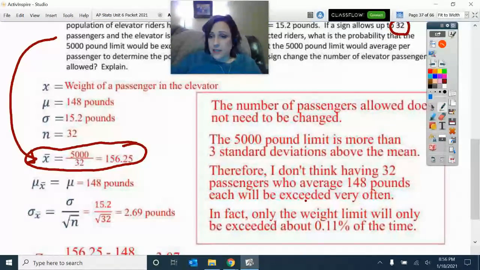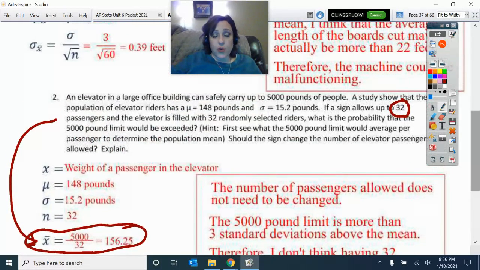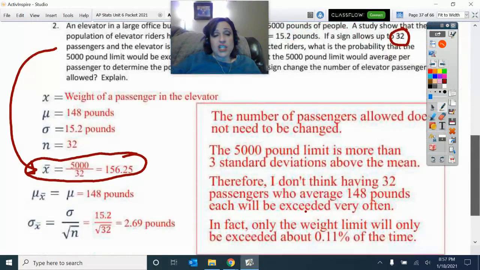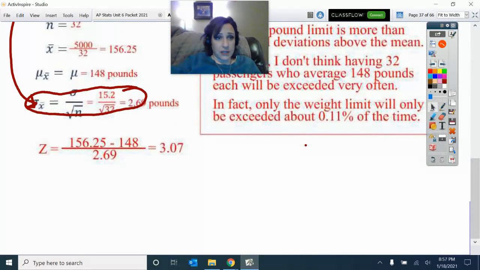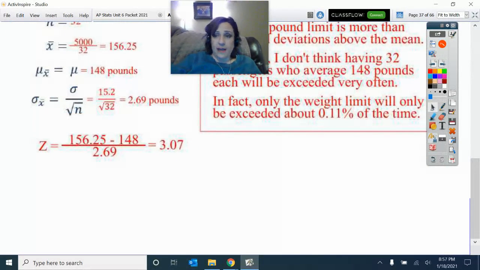So let's see what is being asked. Should the sign change the number of elevator passengers allowed? Here's a picture of what's going on. Here is what the elevator holds.